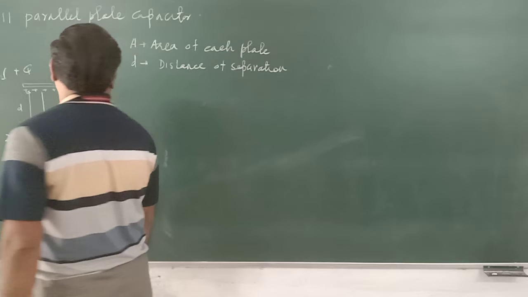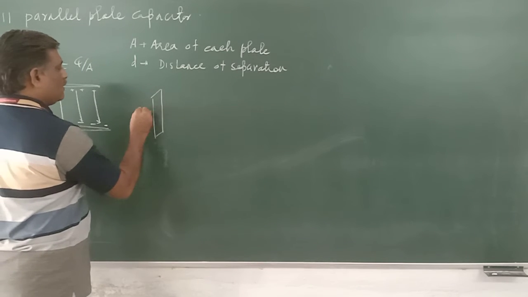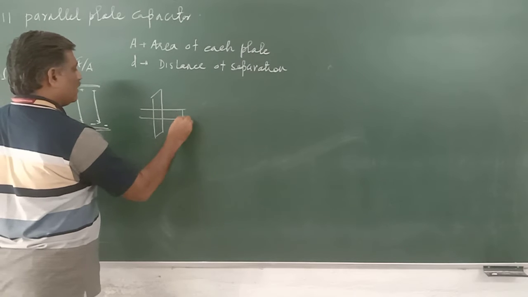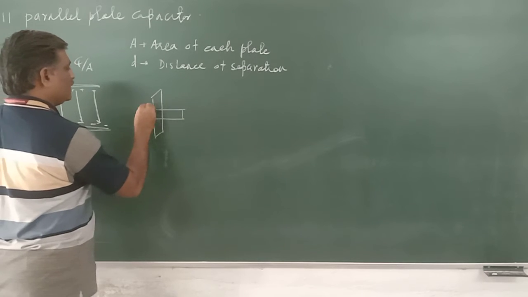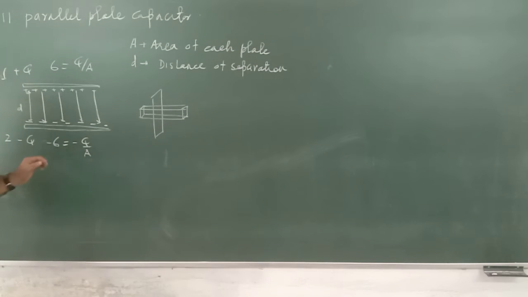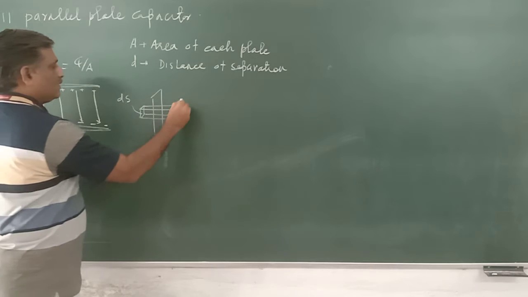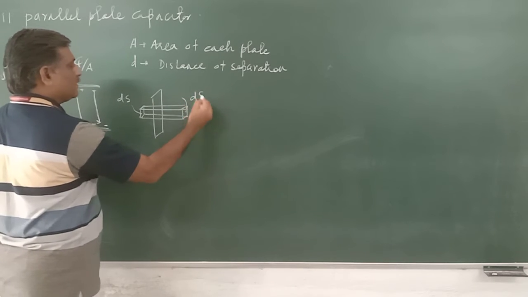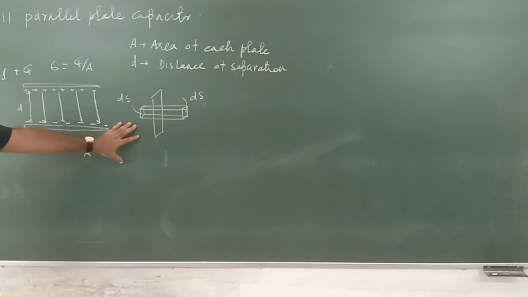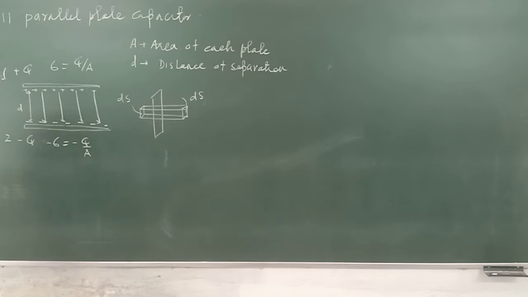In the first chapter we have seen this plate; this becomes our Gaussian surface, already discussed in the first chapter. This area is ds. We are trying to find E due to a single plate.